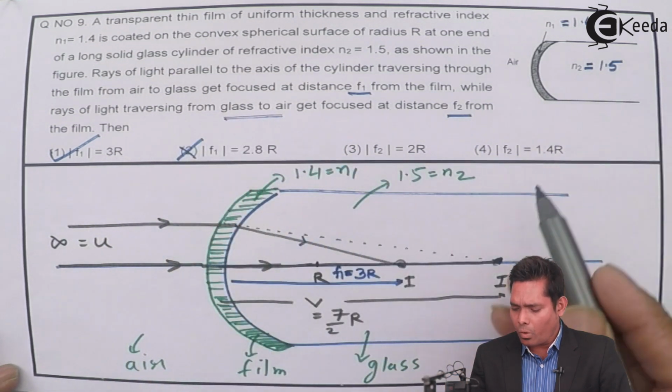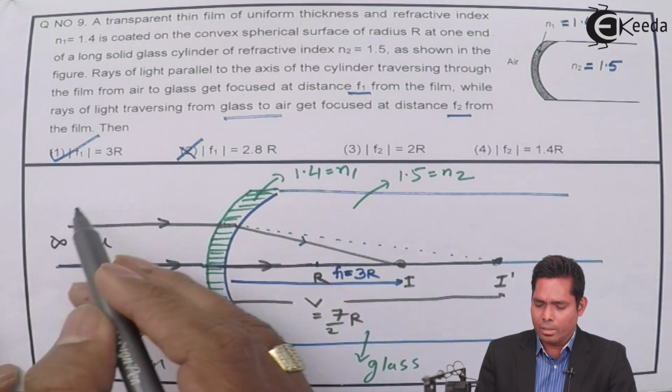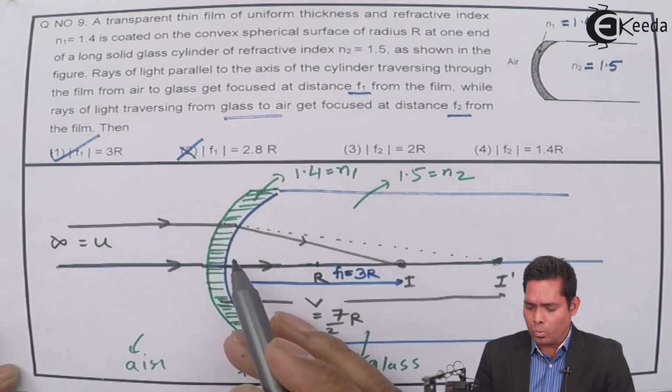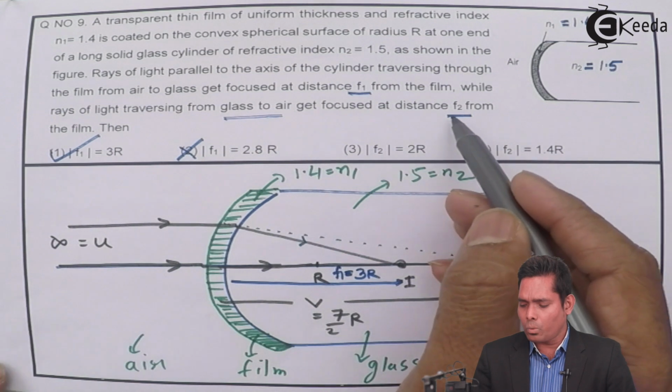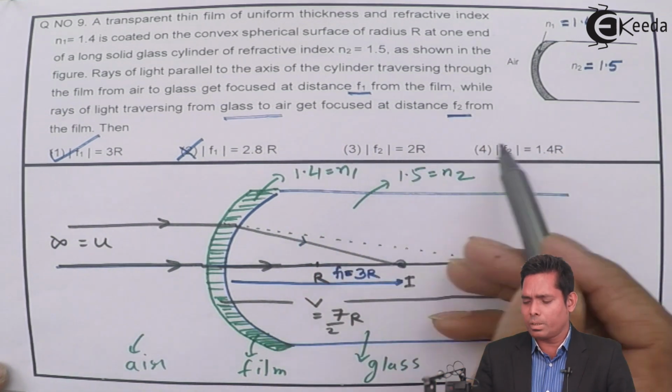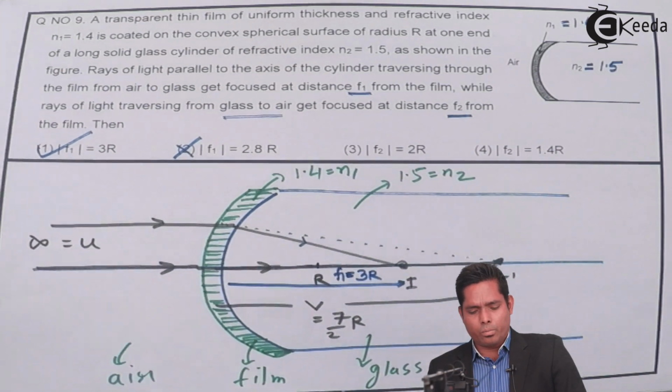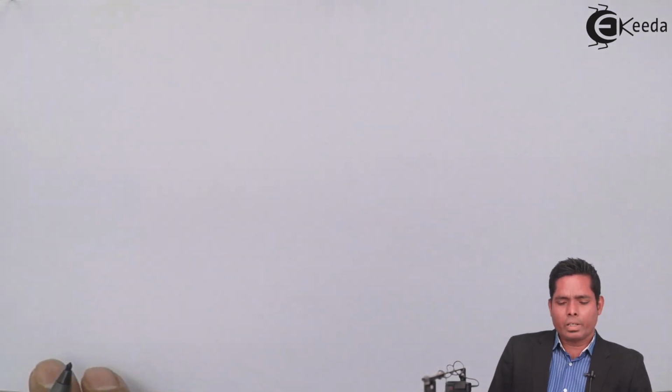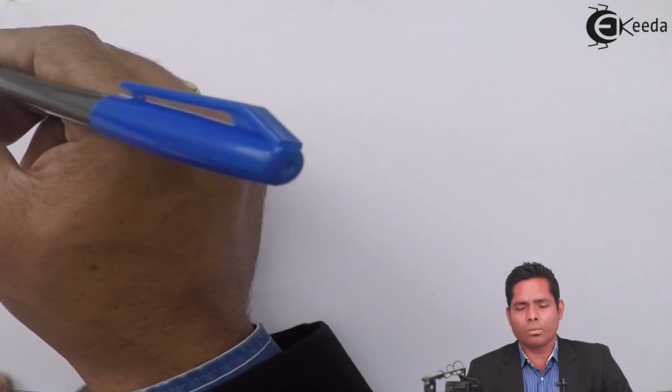It has to move from this side to the other side and get focused at f2. So the final image is formed at f2. F2 is the final image that we have to find, and see which of these options is correct. Basically we are just repeating the things with the direction of the ray reversed.